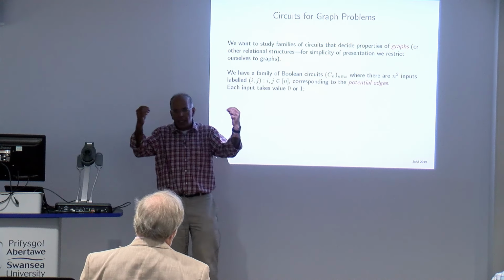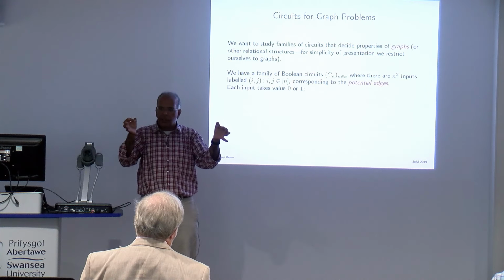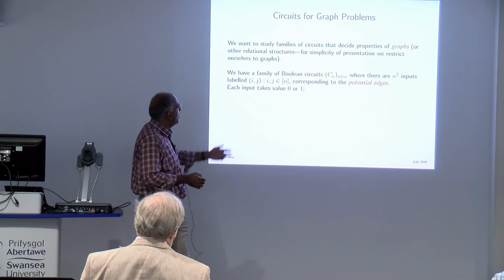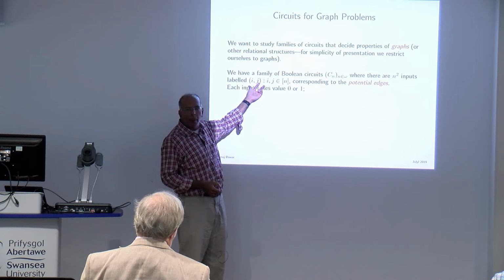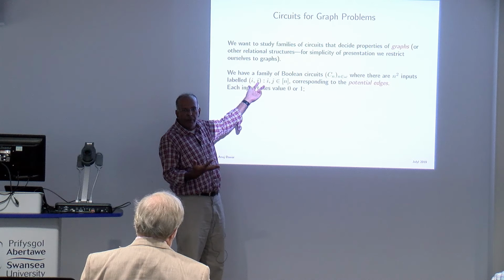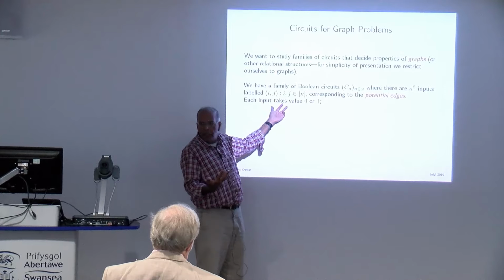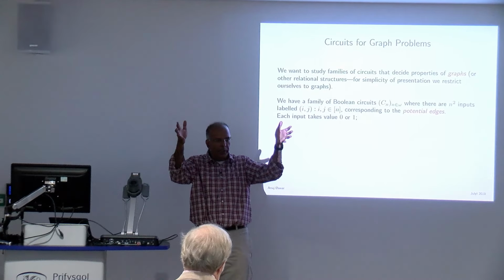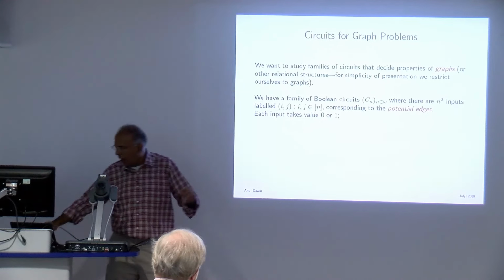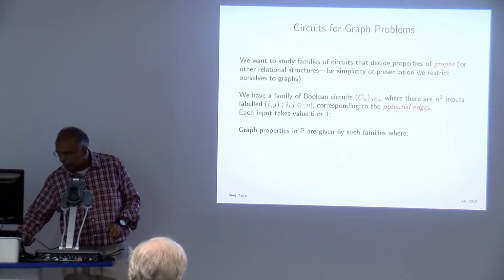For each n, there's a circuit Cn which takes n squared inputs, which we think of as the n squared potential edges in a graph on n vertices. And each of these takes input value 0 or 1. Right? So that's exactly the way you would think of putting a graph as an input to this Boolean circuit.